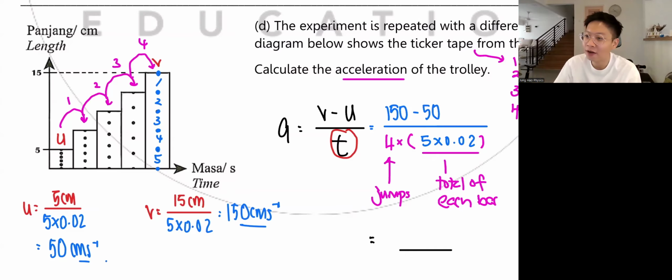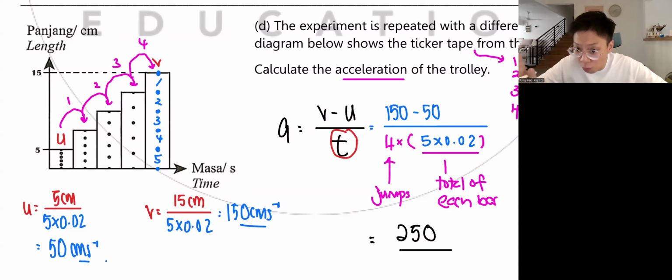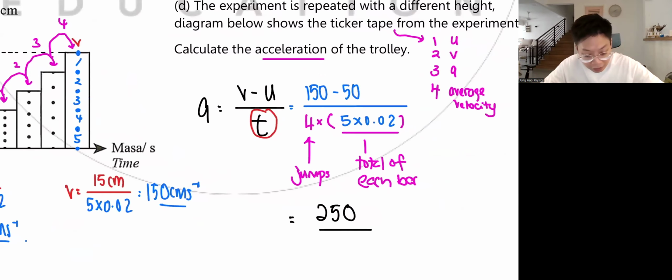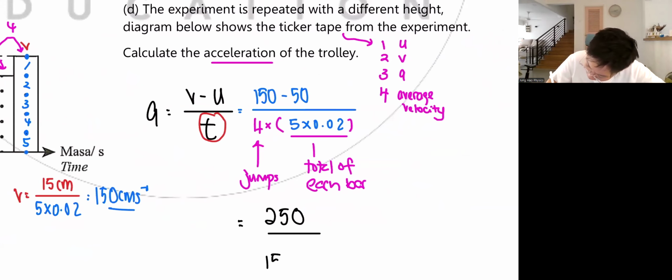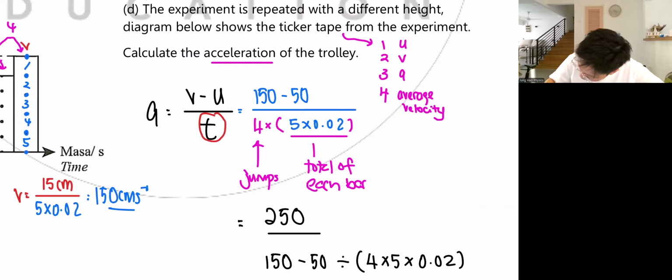Let me tell you my final answer. My final answer is 250. Wait, let me check first. Some people will get 2.5, and that's because you pressed wrongly. Remember, guys, when you press into your calculator, you have to press bracket 4 multiplied by 5 multiplied by 0.02.